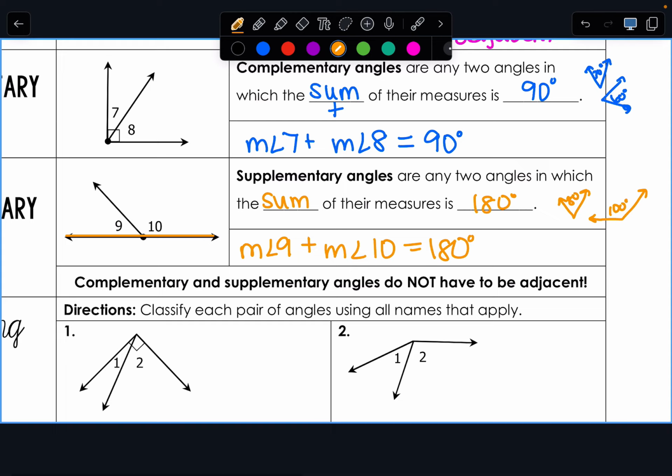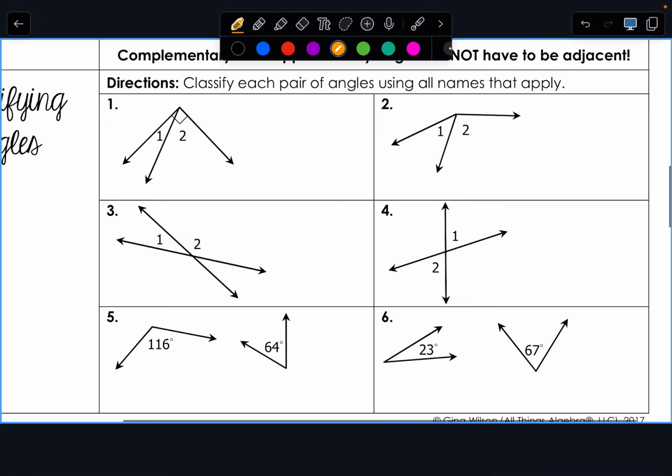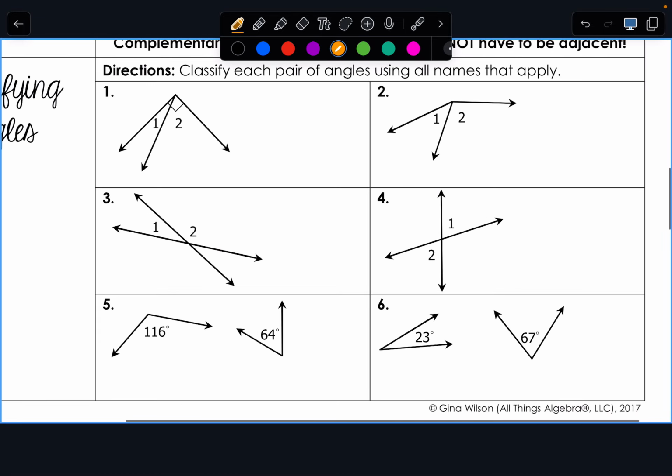So our job is to look at a picture and decide what we know about the two angles. Are they vertical? Are they adjacent? Are they supplementary? Are they complementary? So let's look at number 1.